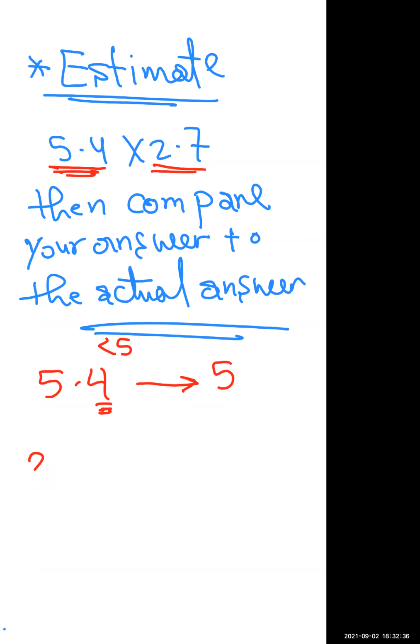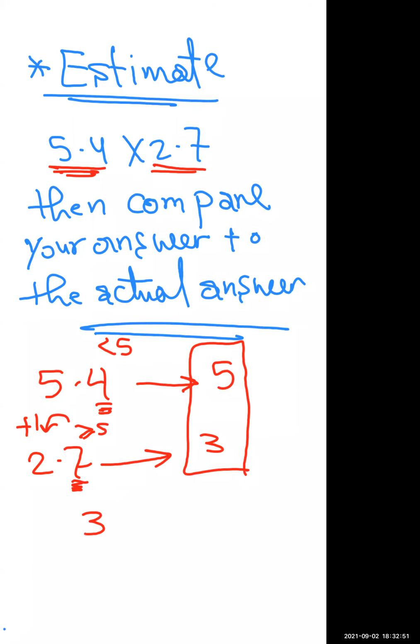It's 2.7. The estimation here, this is 7, which is greater than or equal to 5. Then we have to increase the number by 1. So 3, that's very good. Now the product of these two numbers, 3 times 5 will equal 15, correct? So the estimation of the product is 15. Are we clear till now? Yes.